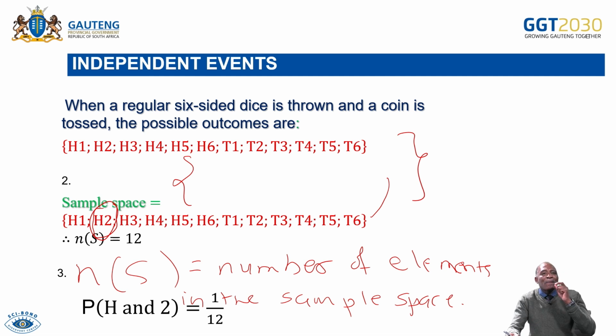So the probability of a head and a 2 is the number of required outcomes over total possible outcomes. We require an outcome that will yield a head and a 2, so it's only one out of the total possible outcomes of 12. Therefore, our probability of obtaining a head and a 2 is 1 divided by 12.